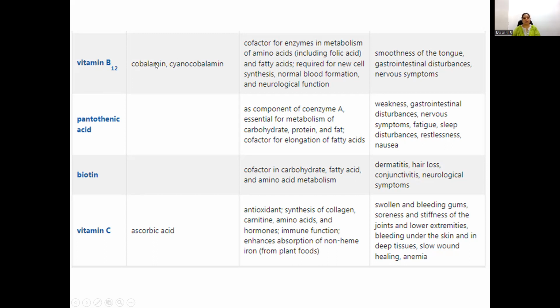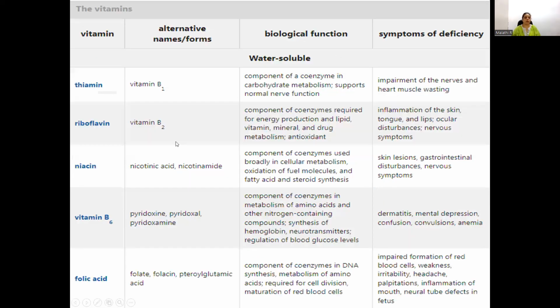These are the other names of vitamin B12. The most important function of vitamin B12 is that it acts as a cofactor for enzymes involved in amino acid metabolism along with folic acid. We have already studied folic acid as one of the water soluble vitamins.